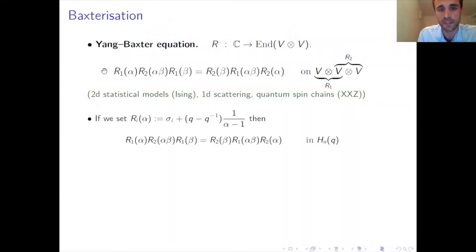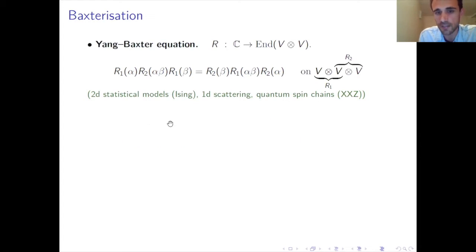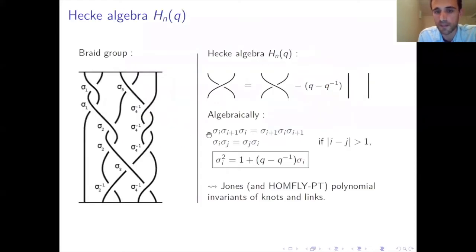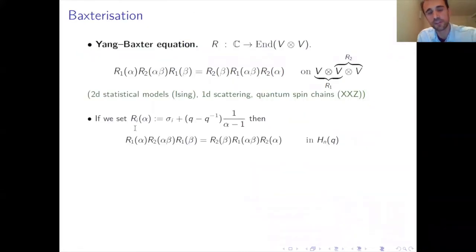And there is one method related to the Hecke algebra. It's usually called Baxterisation. So take this formula. Remember, sigma I is the generator of the Hecke algebra, as in here, and define this function of alpha by this very simple formula, sigma I plus this term.